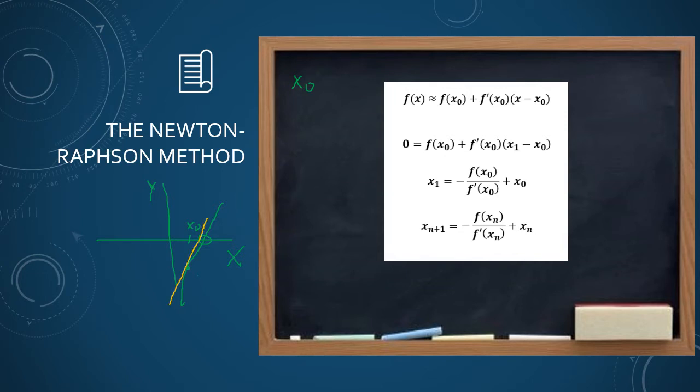This would be the straight line created when we use a Taylor series about our point x naught. This is the Taylor series here, and we put approximately because we cut it off at the first derivative.